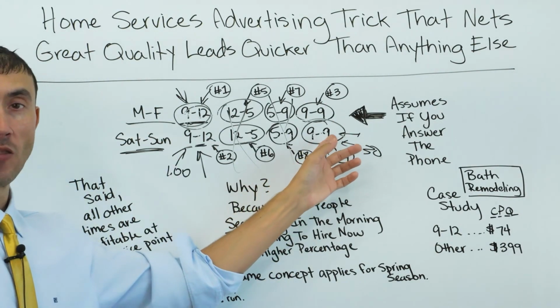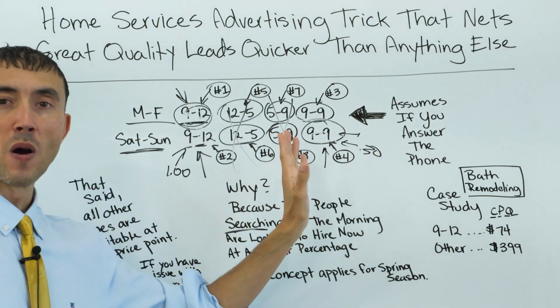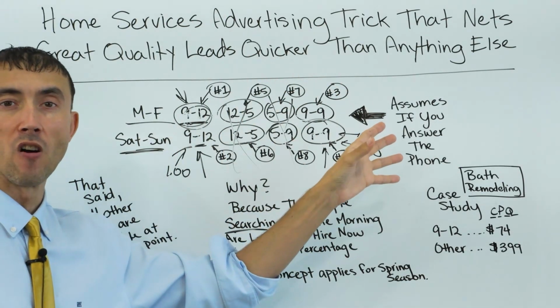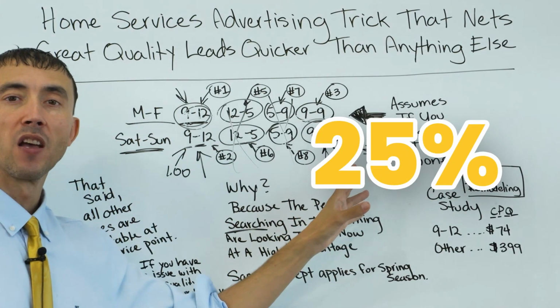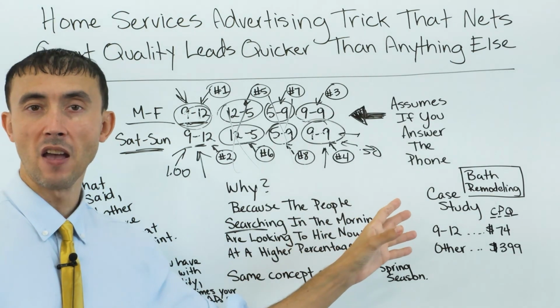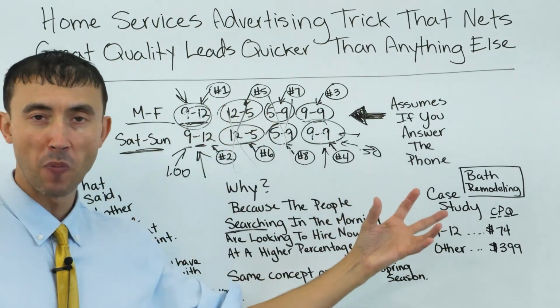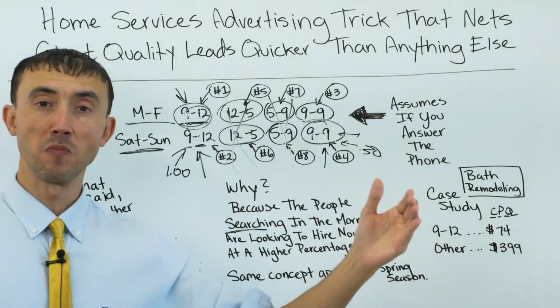Of course, there's not a ton of leads during that time, but we still had 20 to 30% of the leads we had all day long, and we could have gotten 25% of the market at a cost per opportunity that was profitable right away. So that tells you, from the opposite end of the spectrum, how things could go if you're an emergency-based business.